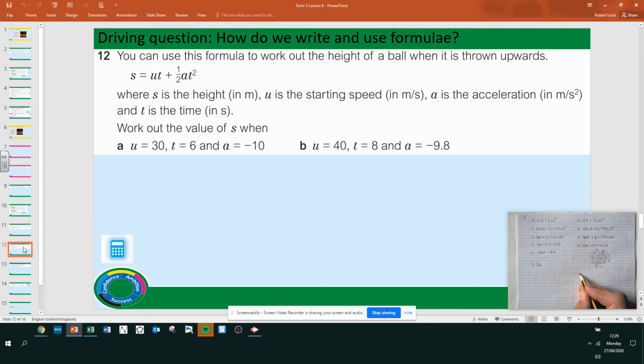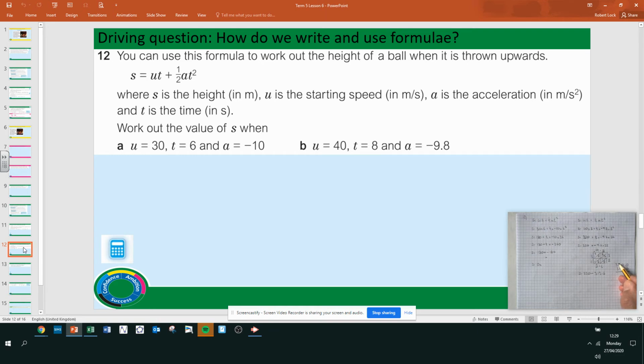So S equals 320 minus 313.6. 320 take away 313.6. Put a 0 there. 0 take away 6, can't do it. Go next door, nothing there.